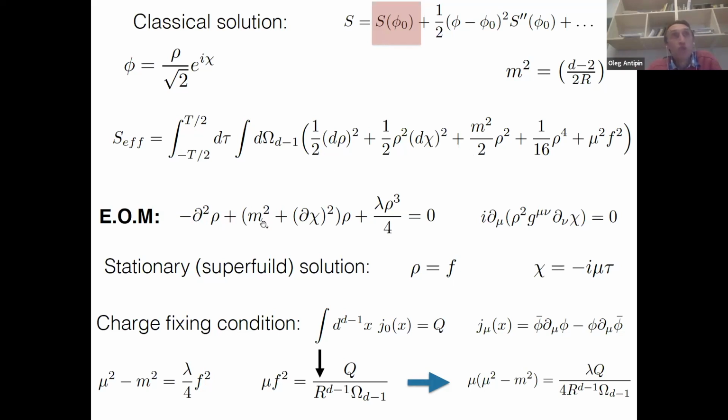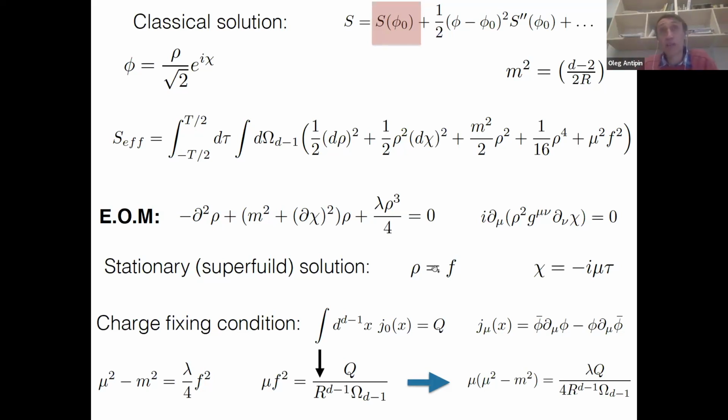My equation of motion stemming from this action is this here. This is for the Goldstone, for the phi, and this is for the radial mode. Now you have to find the stationary solution. In this case, we are going to find the standard superfluid solution, a system with finite charge density.